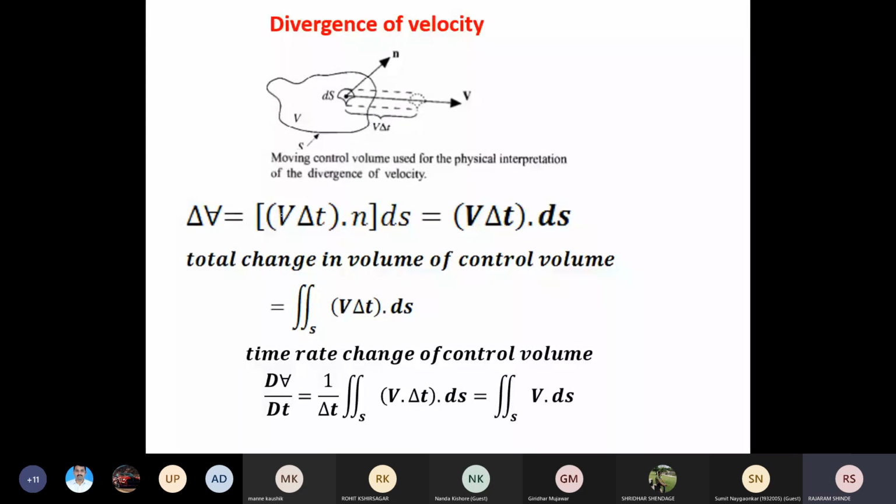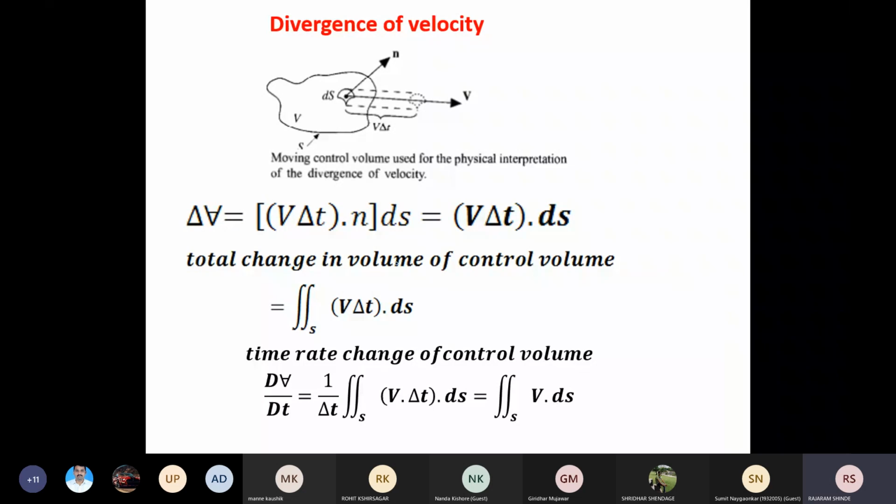So you will get delta V is equal to V delta t dot n dS. Now this we can write as V delta t dot dS, because n is the unit vector normal to the surface.